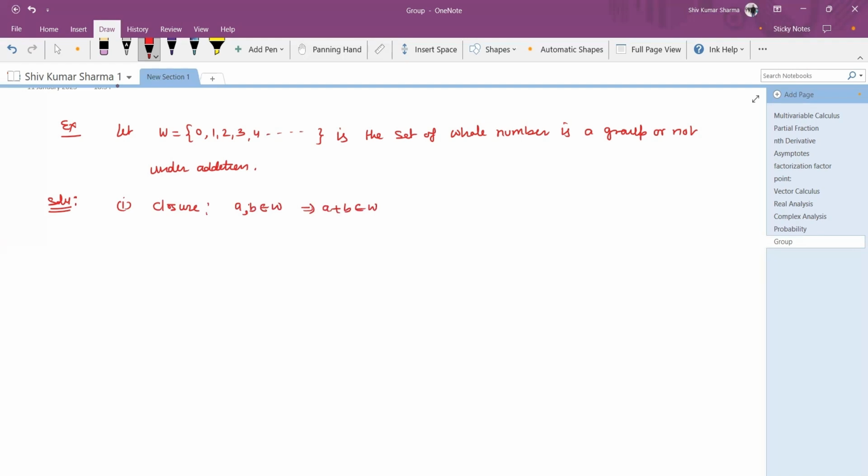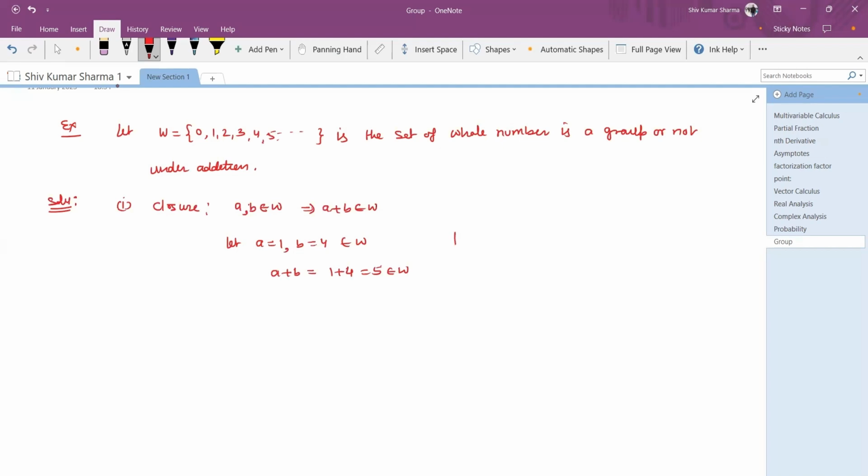You can take any value of a and b from W, which satisfies a plus b also belongs to W. Let us take any two values, a equal to 1 and b equal to 4. When we do a plus b, we write 1 plus 4 is equal to 5, and 5 also belongs to W. So the closure property is satisfied.